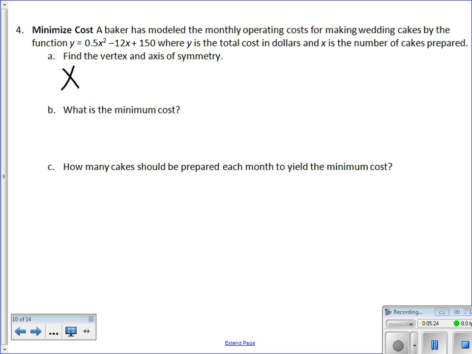The axis of symmetry, or the x-coordinate of the vertex, is x equals the opposite of b over 2a. So I get 12 over 2 times 0.5. Okay, 2 times 0.5 is just 1. So I get 12 for the x-coordinate of my vertex. Now I need to find the y-coordinate of my vertex.